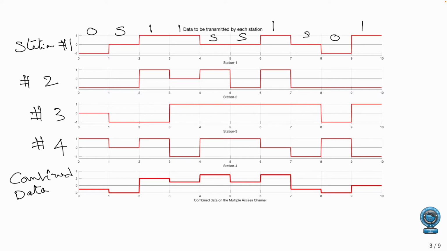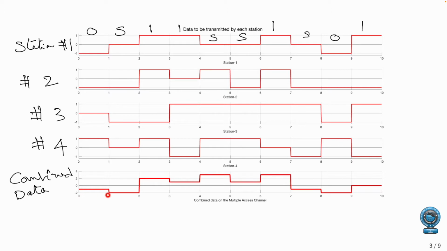Now if you observe this waveform, it will be difficult, or rather impossible, for any station which receives it to correctly find out which station has sent what, because this is a combined waveform that has the waveforms corresponding to station 1, station 2, station 3 and station 4 as well. The receiver does not know who has contributed what.